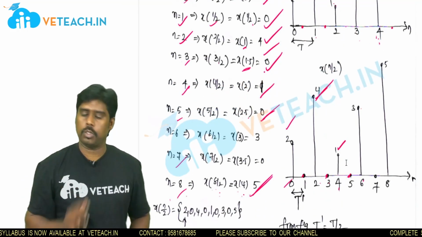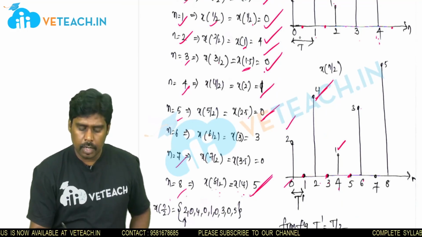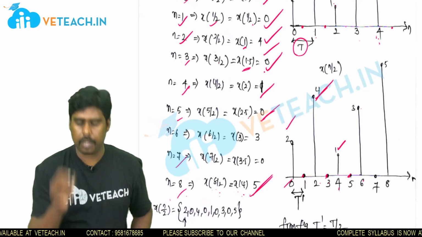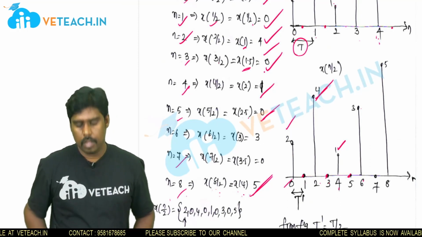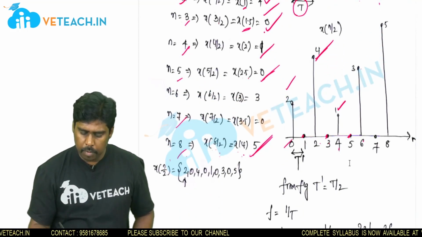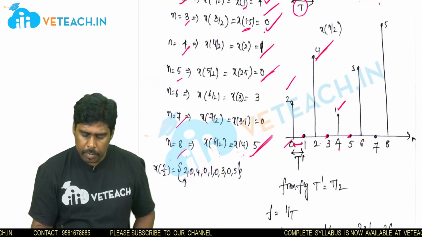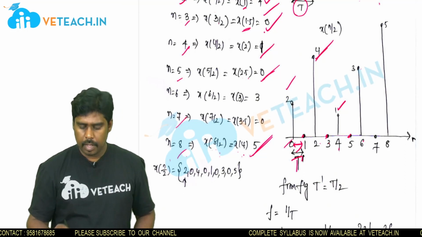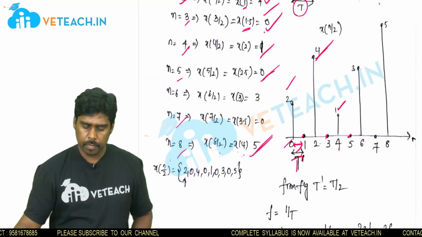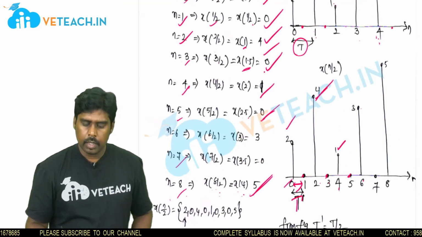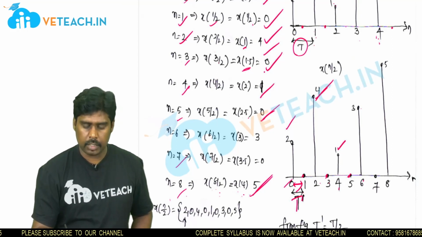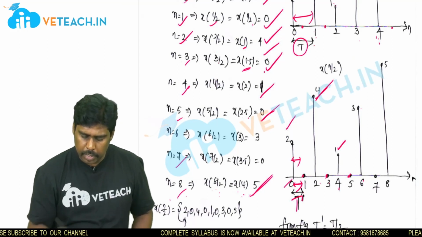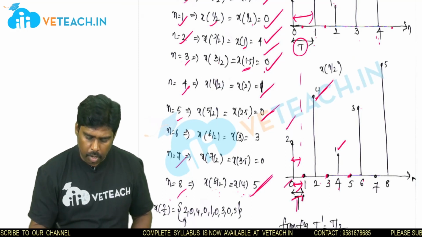Now here also, say the time period between two successive samples in the input is t, and in the output sequence the time period between two successive samples is t dash. Compare this with this. This is t and this is t dash, which is exactly half.